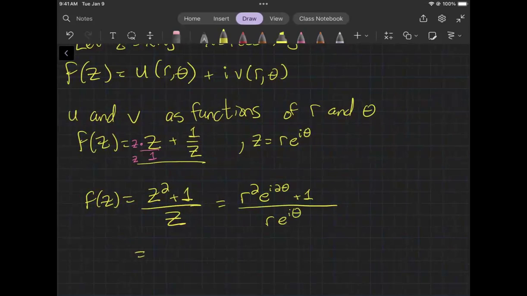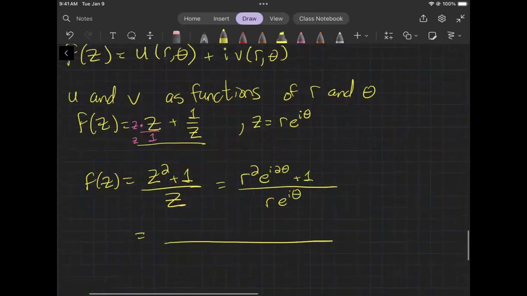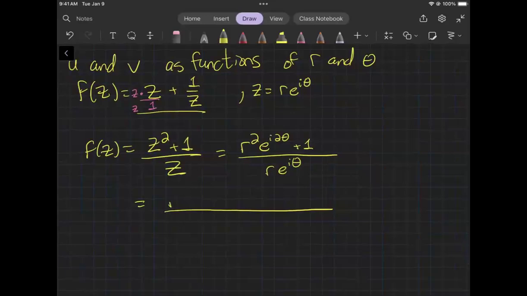Okay. So if I write it out in terms of the cosine and sine counterparts, this will be r squared times cosine 2 theta plus i times sine 2 theta, plus 1, divided by r cosine theta plus i times r sine theta.